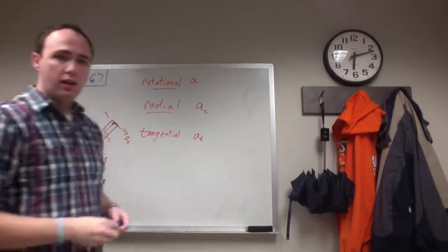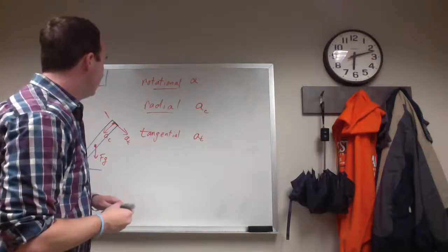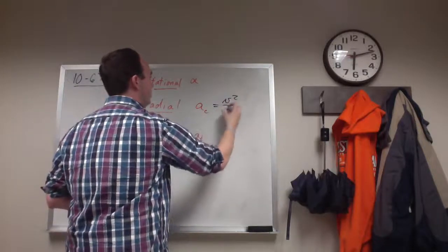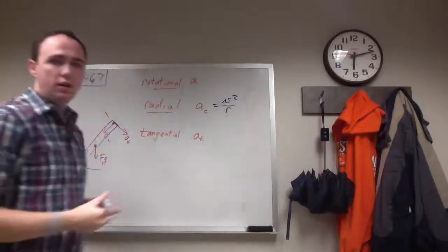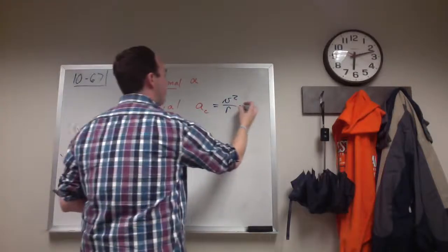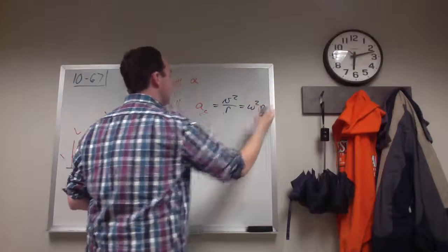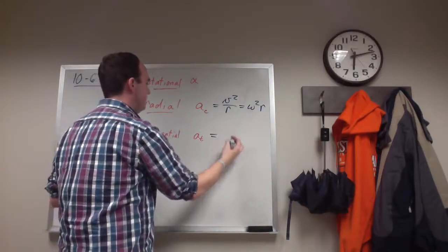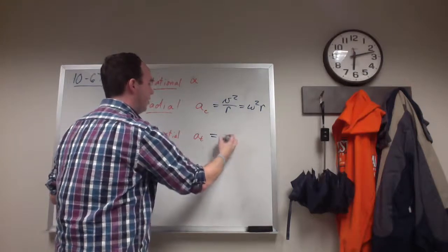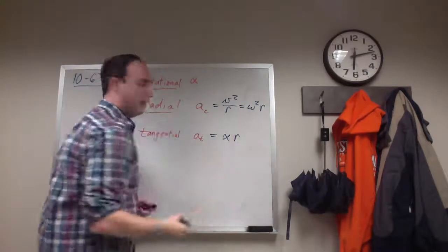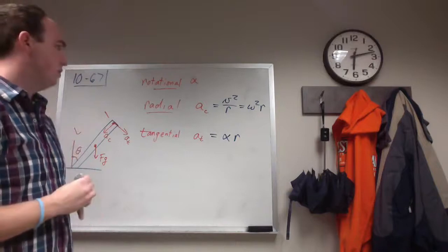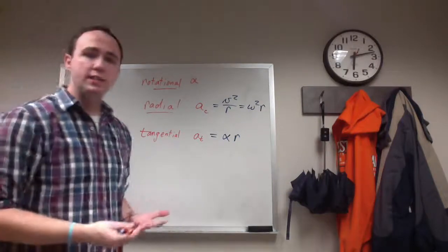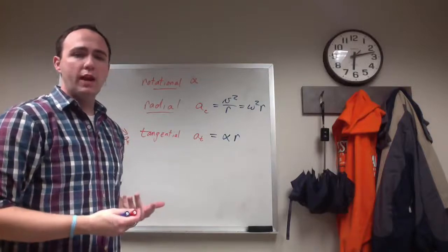Now the radial, or centripetal, acceleration, as always, is v squared over r, which, if we want to write that in terms of omega, is omega squared r. And the tangential acceleration is found by multiplying alpha by r. That'll give you the tangential acceleration.